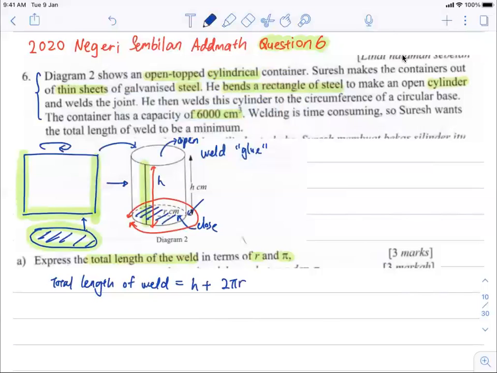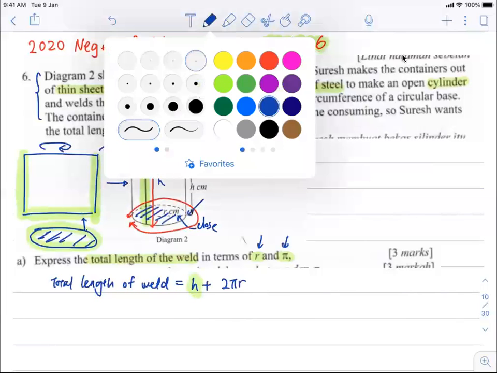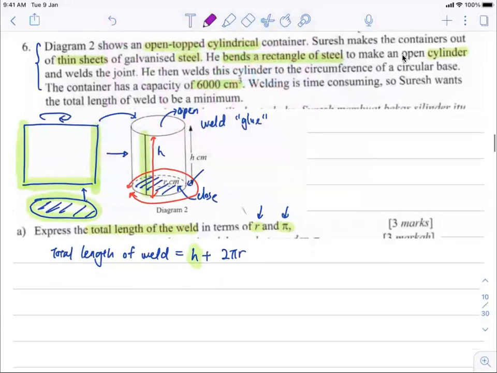However, the question wants us to find it in terms of r and pi. We have an h over here, so we need to find out what h is. In order to do that, we can make use of the formula of the volume of the cylinder, because the question already gives us the volume is 6,000 cm cube.